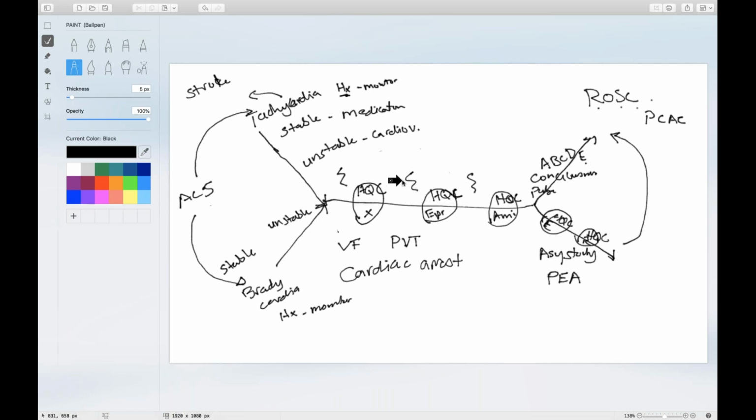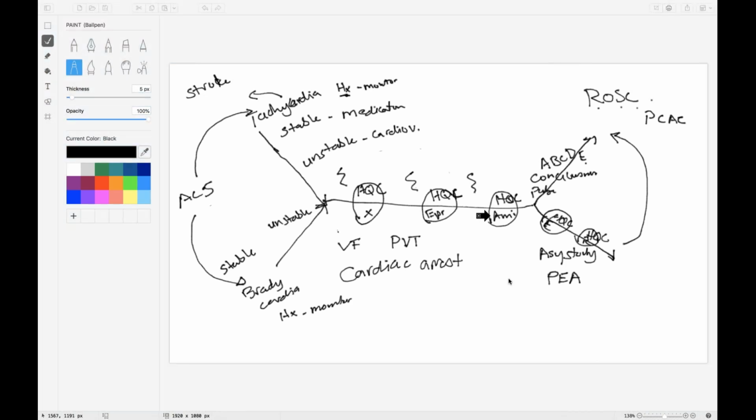If there is no pulse, he has to shock the patient: shock, high quality CPR, and epinephrine. After 2 minutes, check the pulse, no pulse, shock, high quality CPR, and amiodarone.